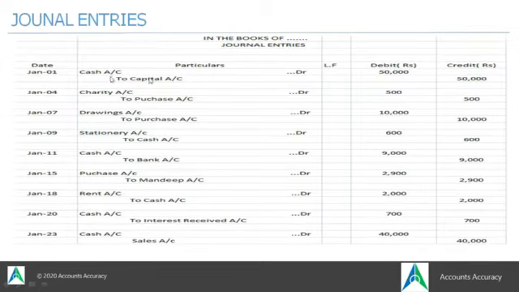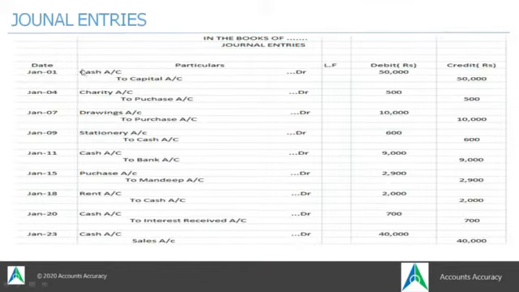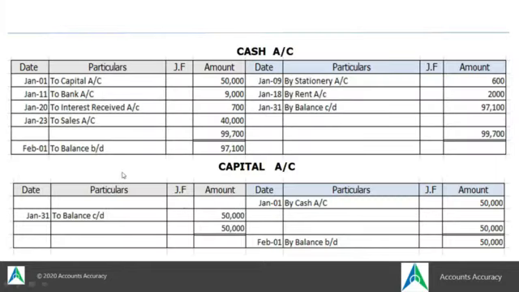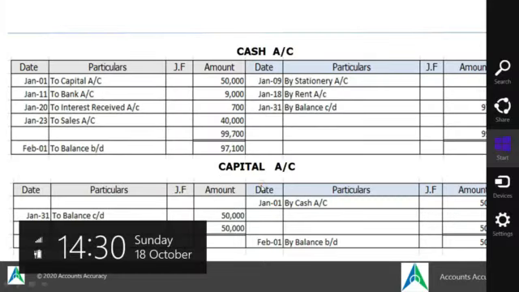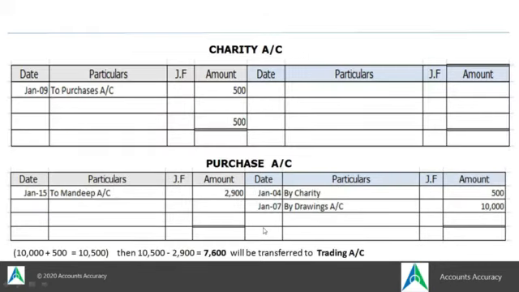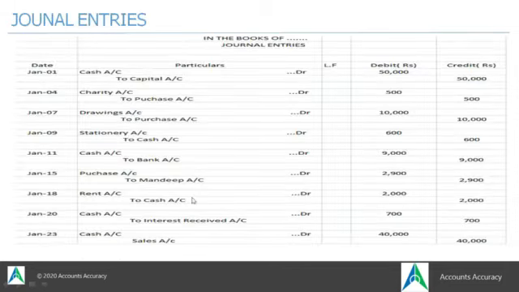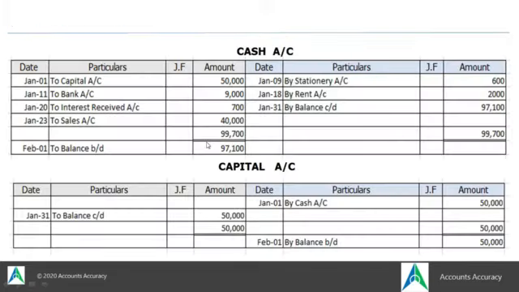For capital account, when you will make the ledger of capital account, you will only do the entry for credit part, that is by cash. You can see here this is the ledger of capital account and it's written January 1 by cash account, that is 50,000. Now related to capital account, we can't find any other entry, so directly the balancing will be done.